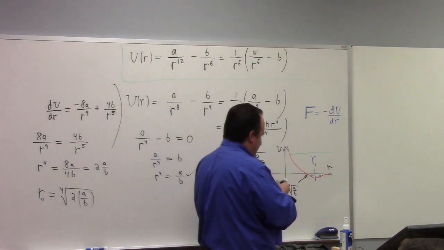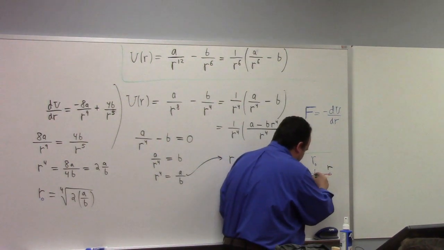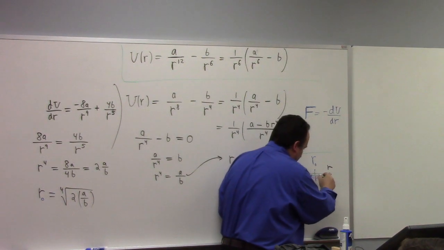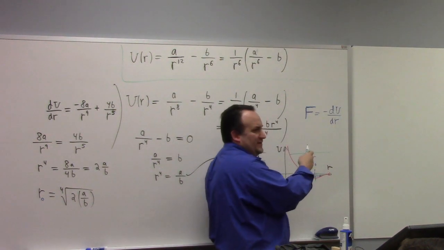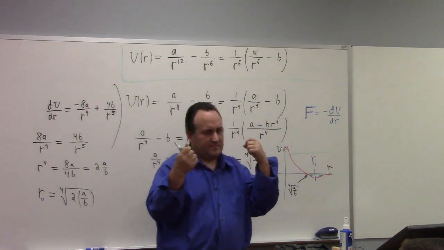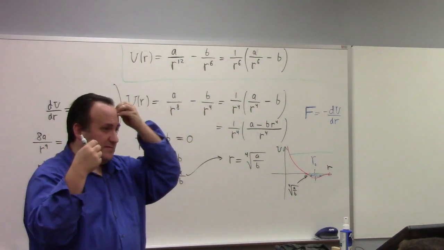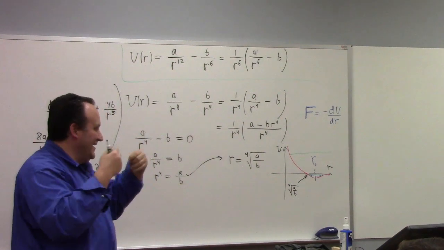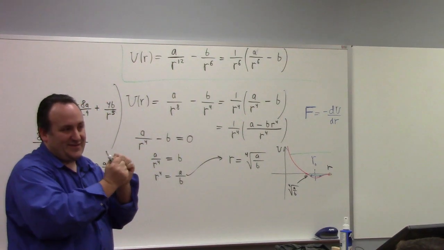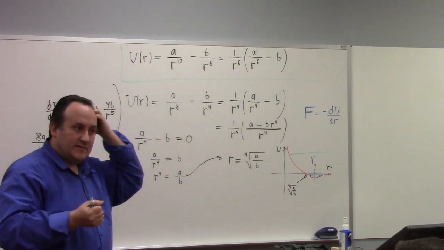So pretty much I would have to have an energy diagram that was down here to have bounded motion. Otherwise, what's the meaning of R? R is the distance of one of the molecules in the diatomic molecule from the other, right? So if that's not bounded, that means that eventually they just rip apart, right?